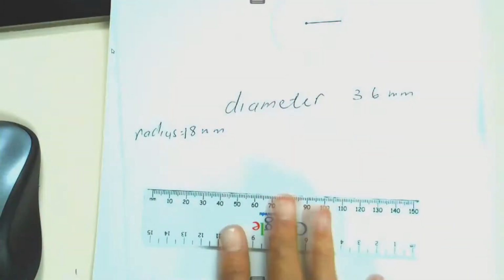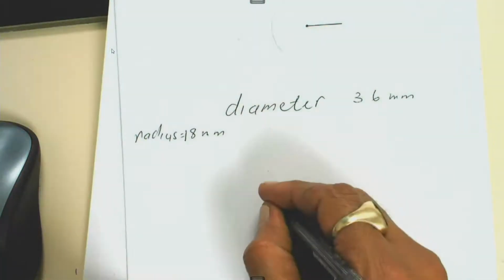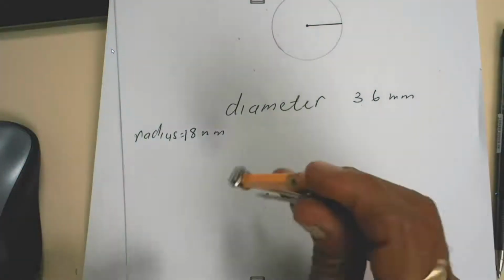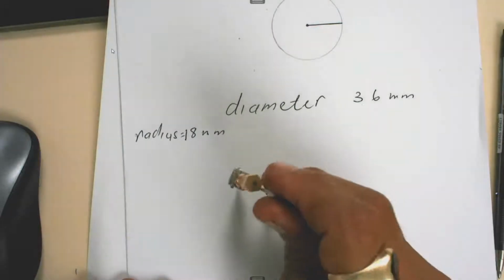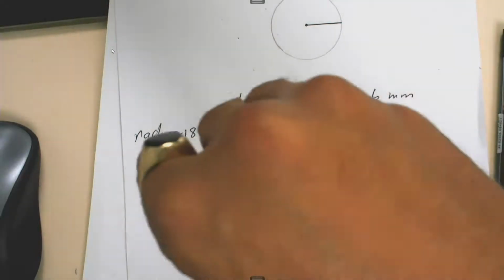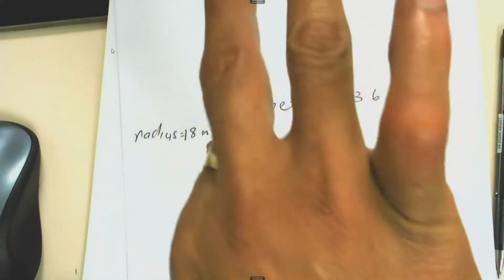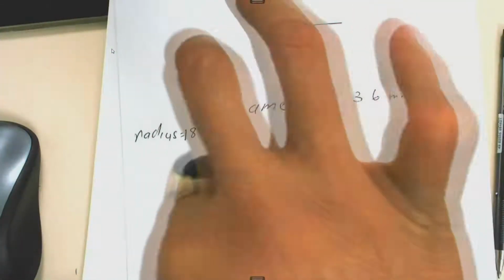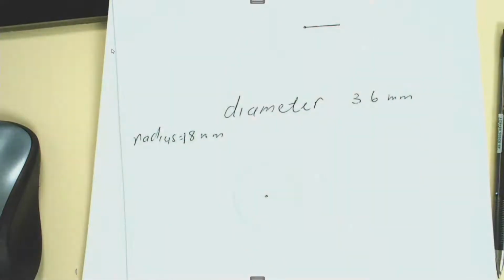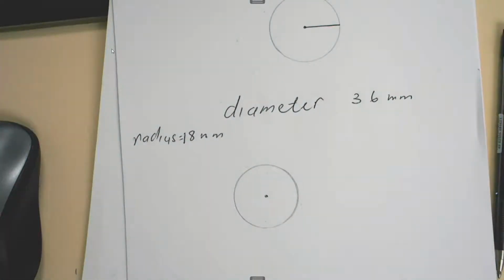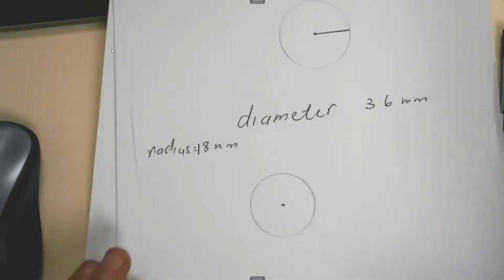I then draw my center, there's my center, and then I place the point of the compass there, and then I just draw. See how I do it? Only with my forefinger and my thumb. As easy as that. I can do it, but it is important for you to go and practice it. Let us look at the next question.